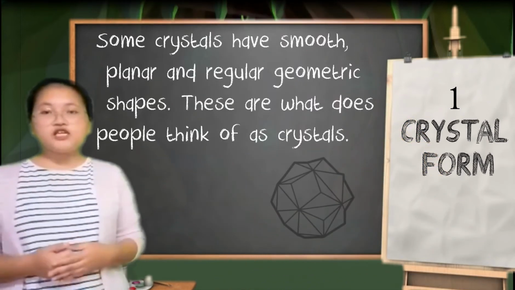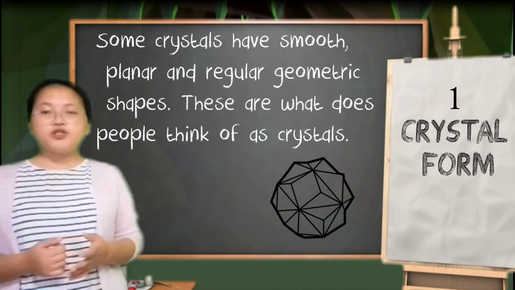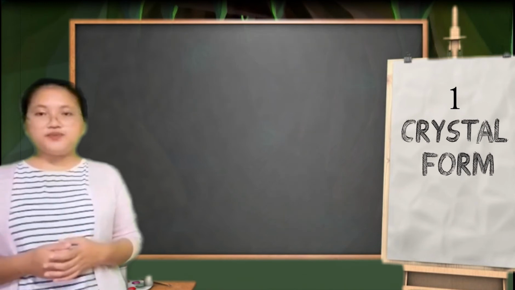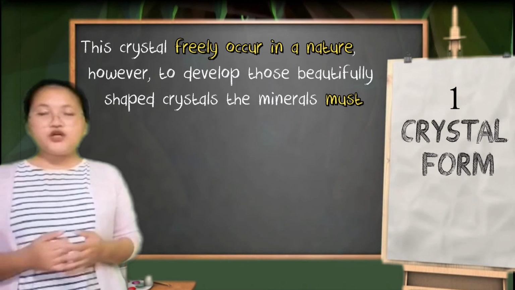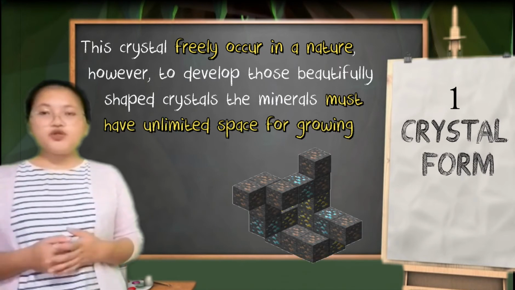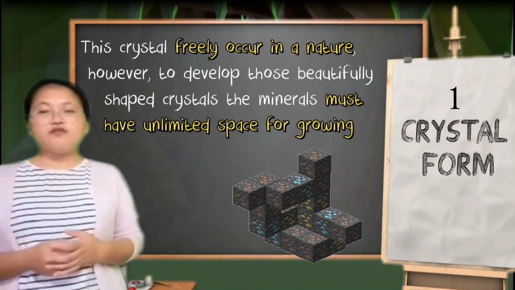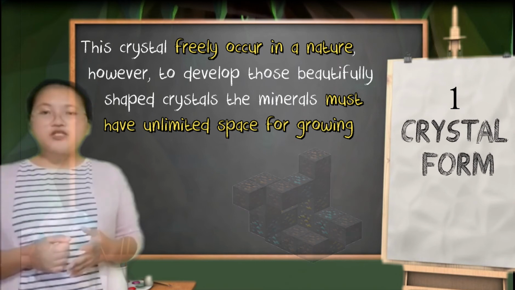Some crystals have smooth, planar, and regular geometric shapes. These are what most people think of as crystals. These crystals freely occur in nature. However, to develop those beautifully shaped crystals, the minerals must have unlimited space for growing.